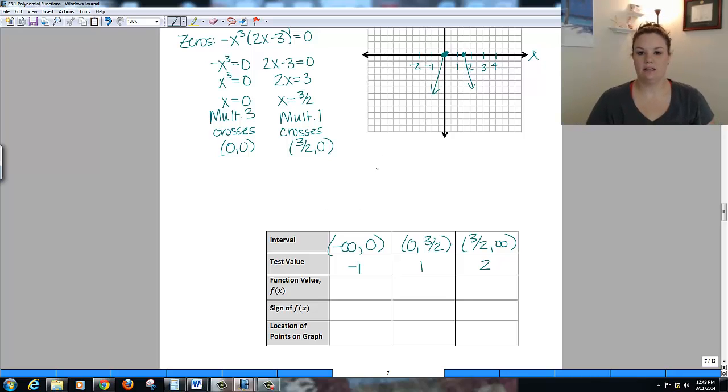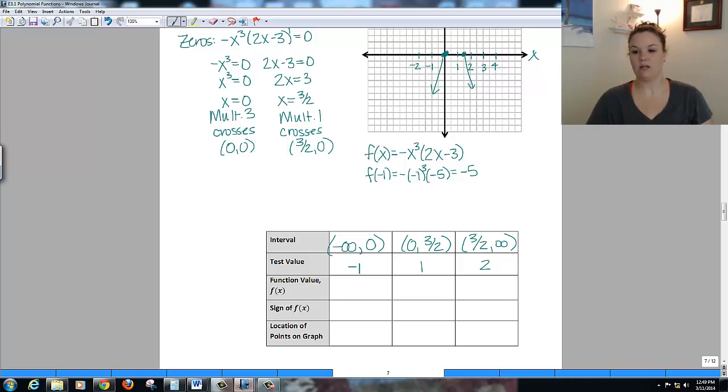If I plug in f of, and I'm going to go ahead and write f of x here. It's -x cubed times (2x minus 3). So if I do f of -1, I have a negative that's already there, and then I'm doing -1 cubed times 2 times -1 is -2, minus 3 is -5. So if I simplify that out, what I end up with is -5.